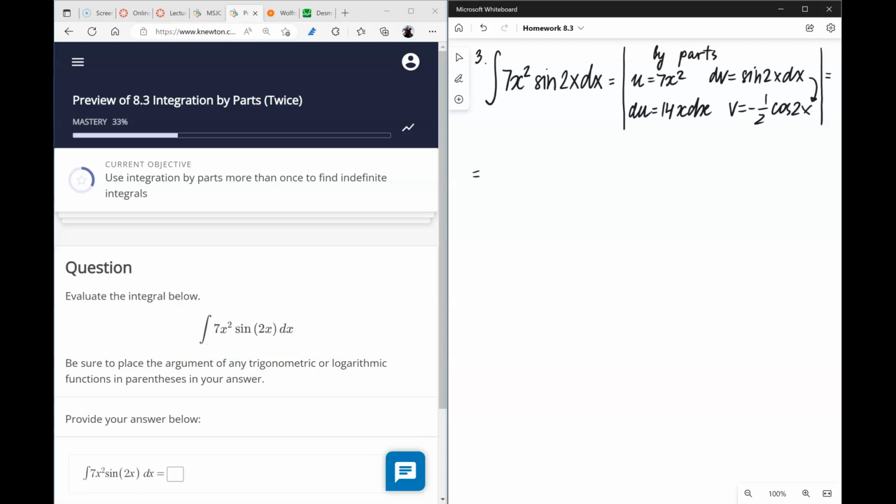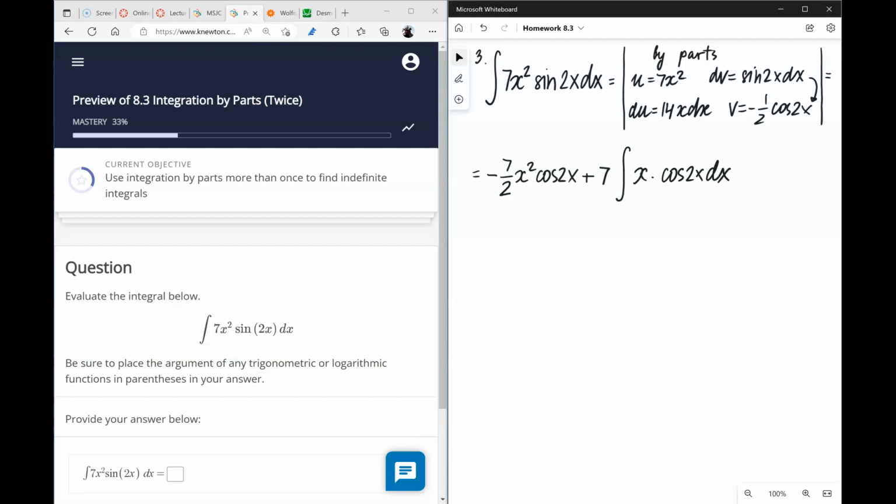So now plugging in the results, we have uv negative 7/2 x squared cosine of 2x minus, but we have the minus there, so it's going to be a plus, the integral of 14x times 1/2 cosine 2x dx. And we can do some basic maintenance here and take that 14 over 2, which is 7, outside of this integral.